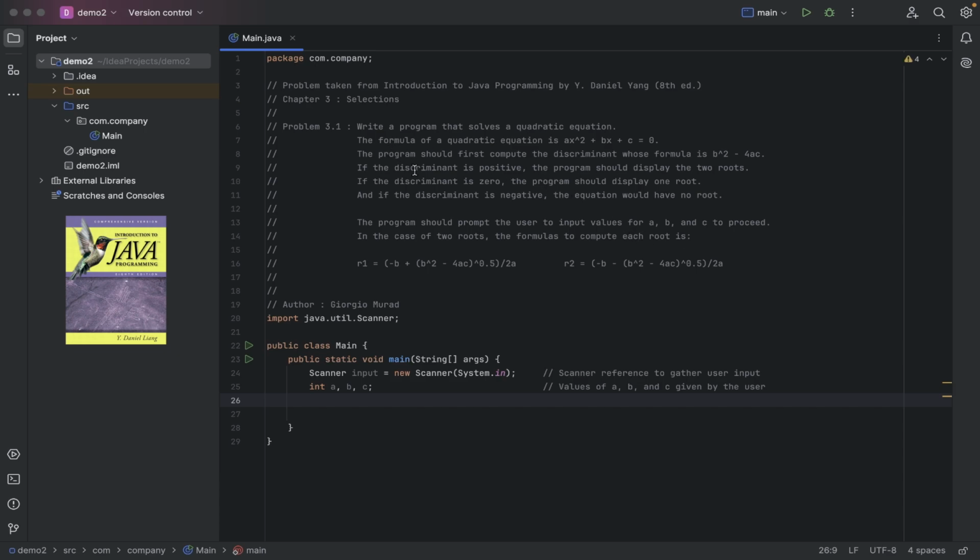Next, I'm gonna need the discriminant, so let me set ABC as double instead of integer.